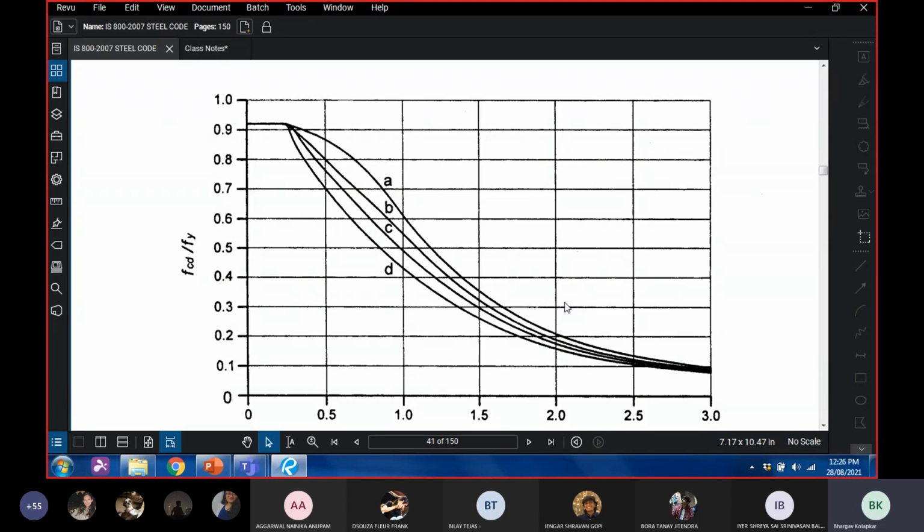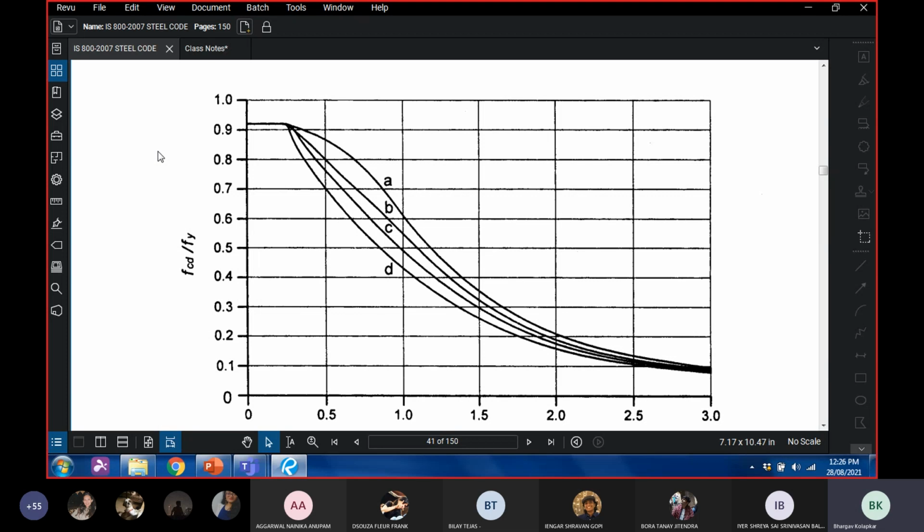Now, if we give a 1 kilometer formula for designing a column, it is not going to be easy for designers, right? So the objective of the code is to squeeze the information as much as possible, and they've done a great job by squeezing all the imperfections, all the possibilities into only 4 curves. So if you know the slenderness ratio, you can use this curve and know the value of FCD.